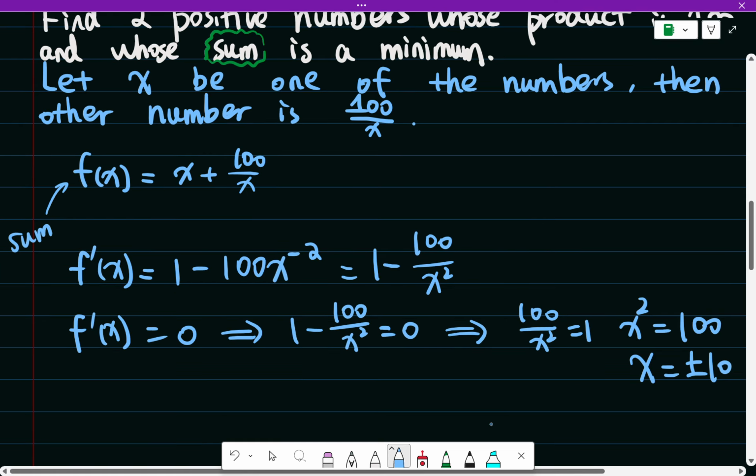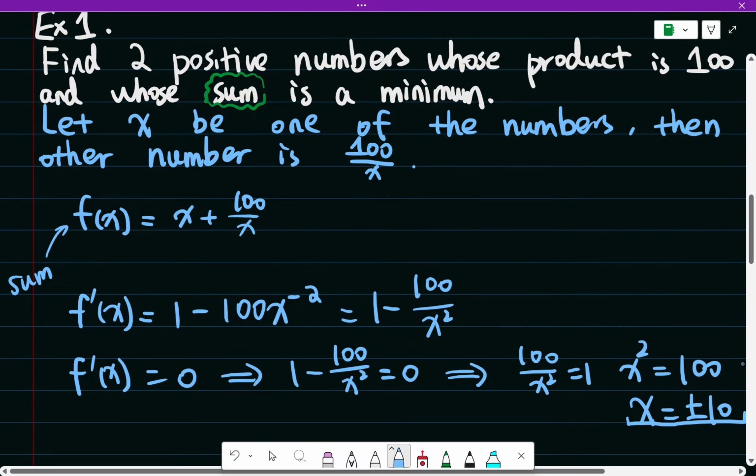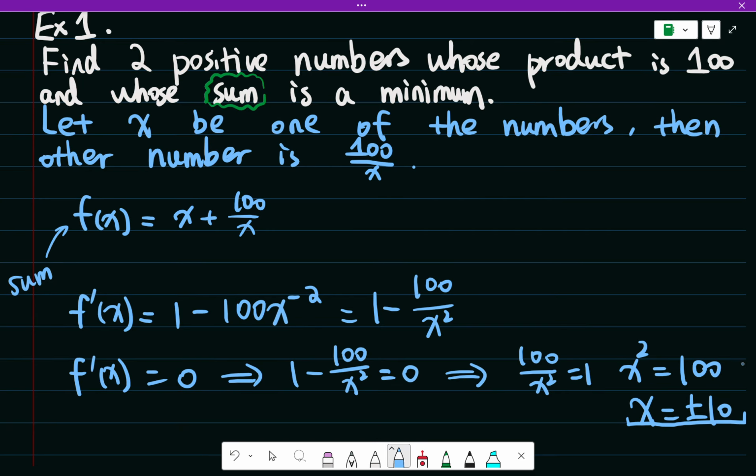Logically speaking, we already found the values for x that could satisfy the condition of the question where the sum of the two numbers is a minimum. However, now we need to go back to the context of the question and see whether these two values of x actually satisfy the question or not. The question specifies that the two numbers are both positive, therefore x cannot be negative 10.